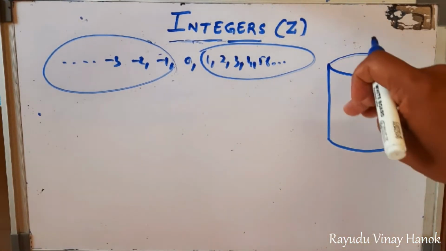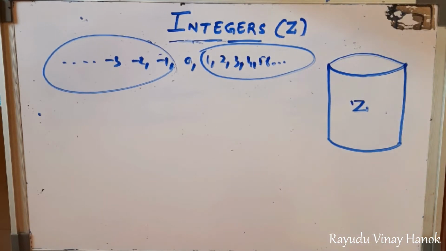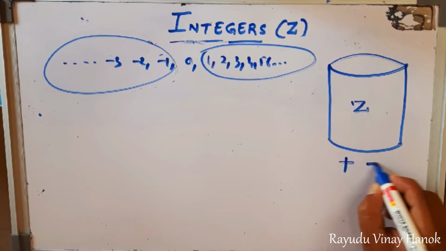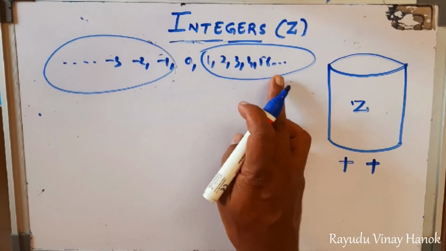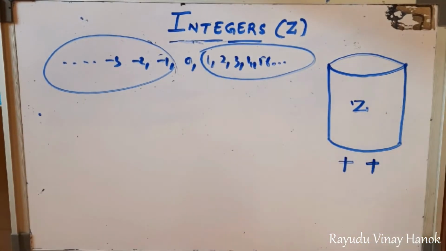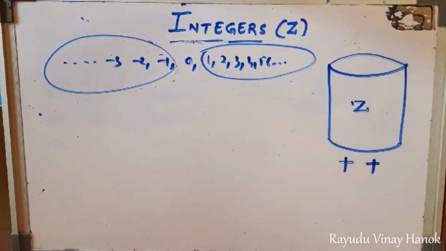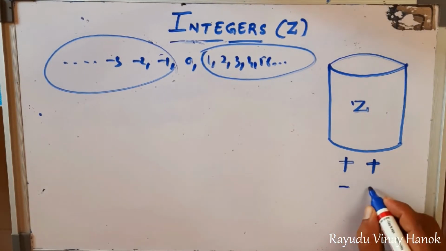So suppose if we take 2 numbers out of it, what kind of numbers you may get? You may get both positive numbers, that means 2 numbers from this side. You may get 5, 6 or 10, 11 or whatever numbers. Or both may be negative numbers.